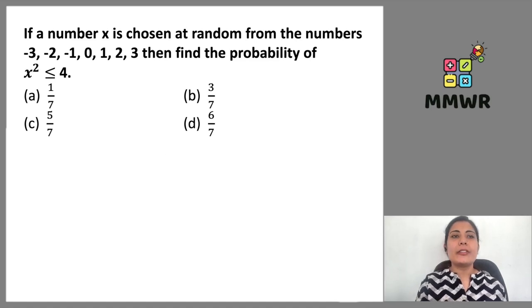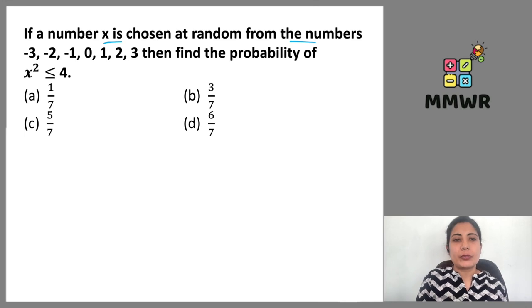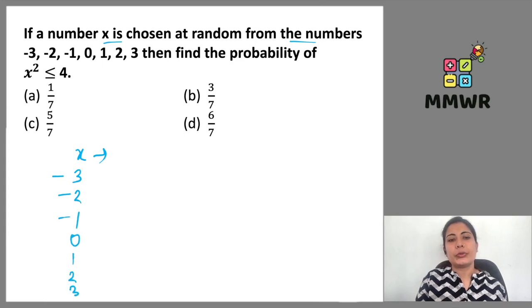Next example we have: if a number x is chosen at random from the numbers -3, -2, -1, 0, 1, 2, 3. How many numbers are there? We have a total of 7 values for x. So what are the values of x? -3, -2, -1, 0, 1, 2, 3.